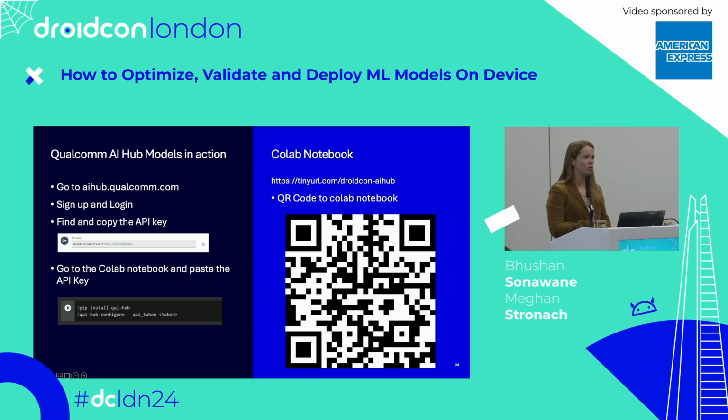That'll walk you through submitting, in this case, MobileNet V2, but you can really bring, as Bhushan mentioned, any pre-trained PyTorch model. And then you can go ahead and walk through how to submit each job to AI Hub to get all the benefits that we've walked through today. So we'll stop here for any questions, and then if people are trying it out and want our help in any way, we can also come around and help people. If anyone has questions, we have a mic up here, and we can start with that.